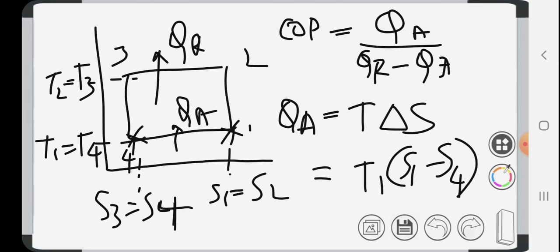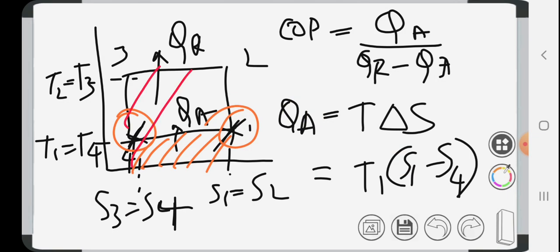This is the difference between these two entropies. So this is the value of QA, the area under the process 4 to 1.